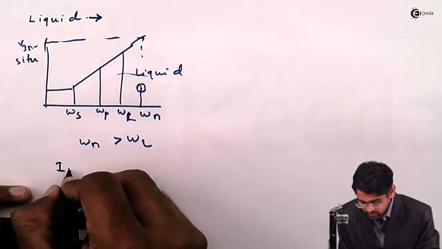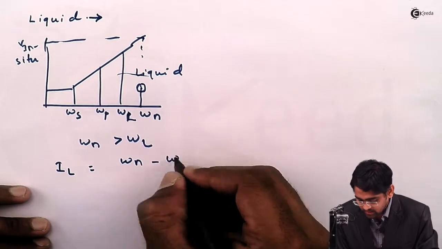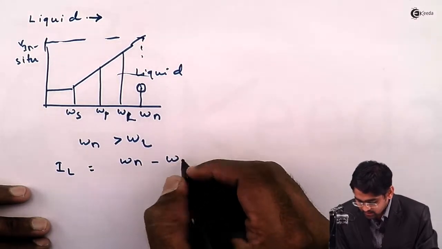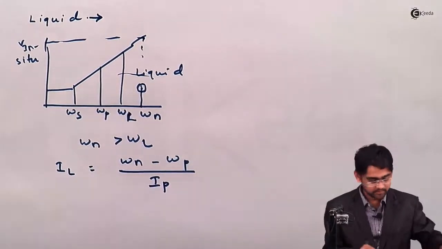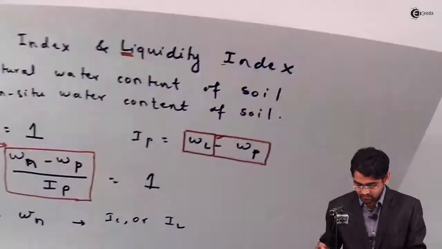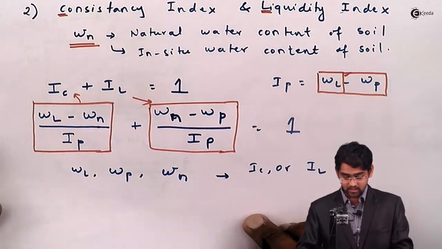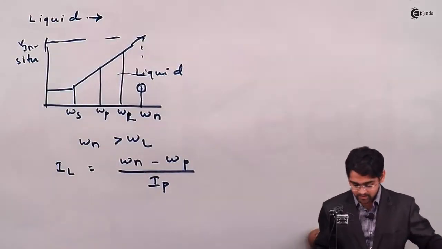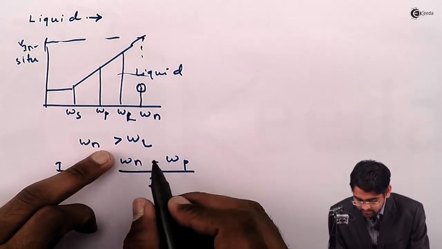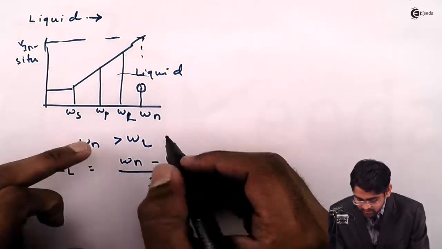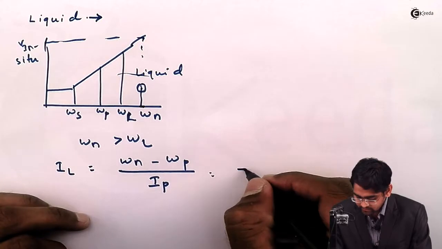So therefore the liquidity index, which is nothing but the natural water content minus the plastic limit divided by the plasticity index. That's what we have seen from this particular definition. So if you have natural water content greater than the liquid limit, then natural minus plastic becomes negative.